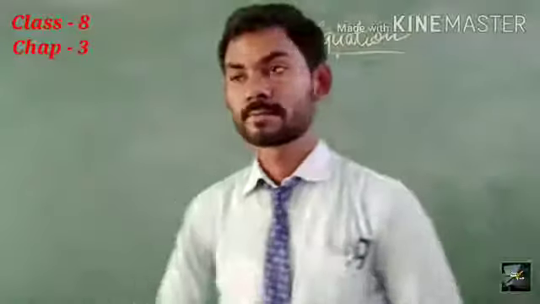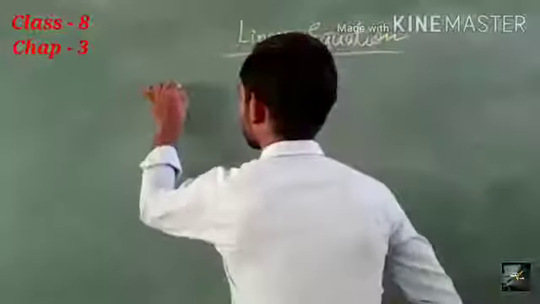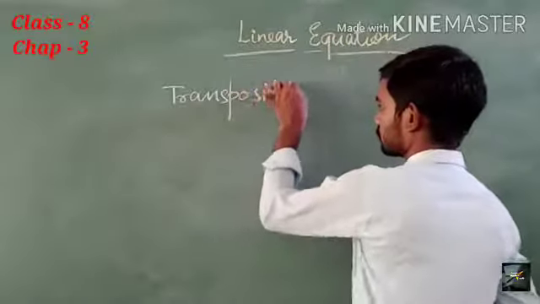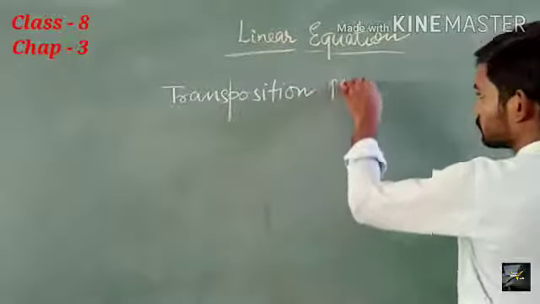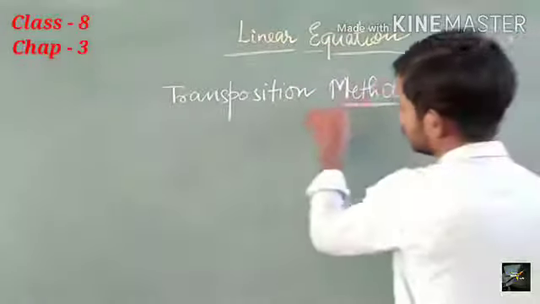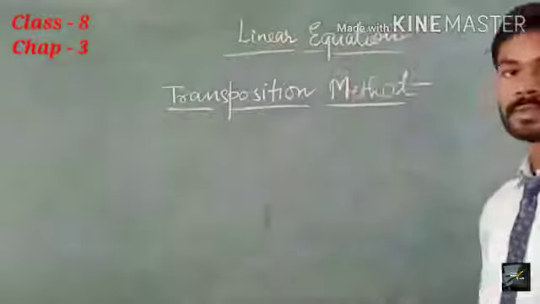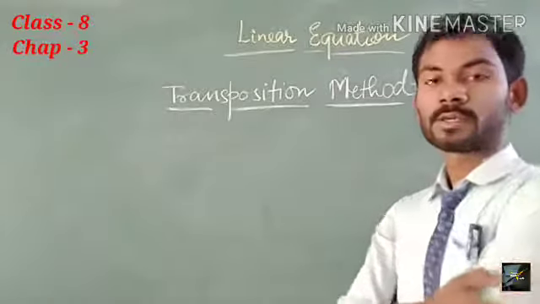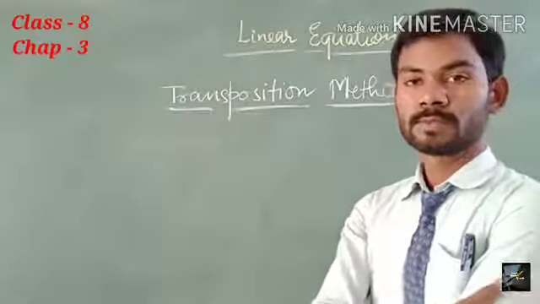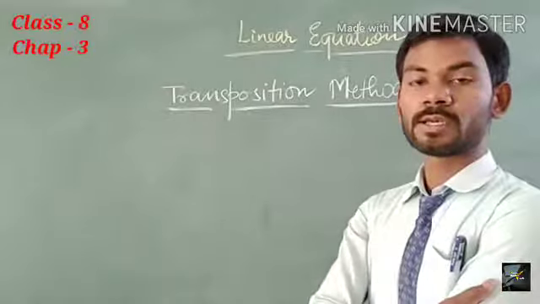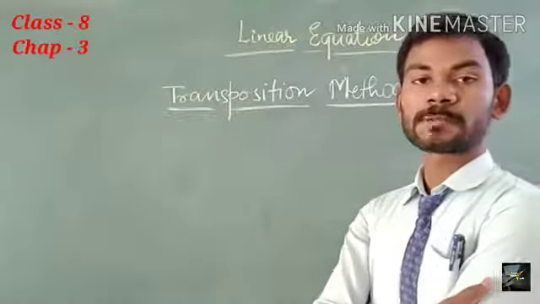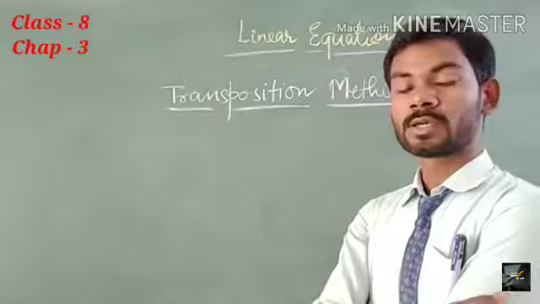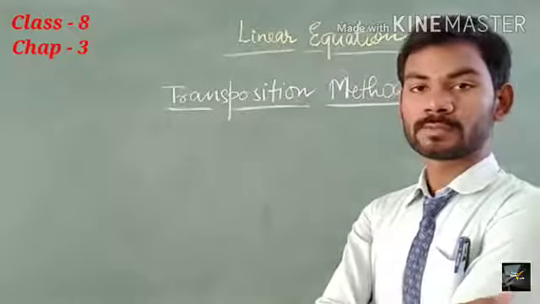is named as the transposition method. From the name it is clear that transposition means, in order to solve the problem, we use an idea in which we transfer the quantity to either side of the equation through equality.